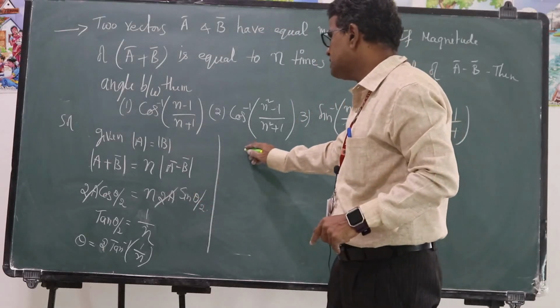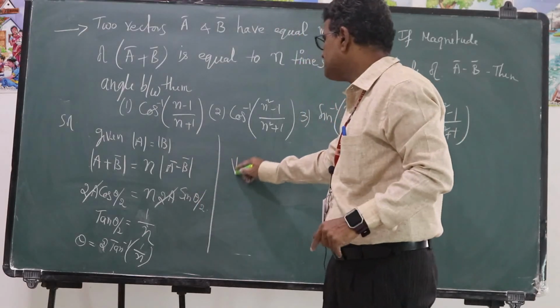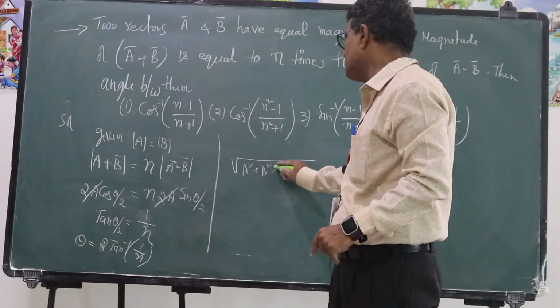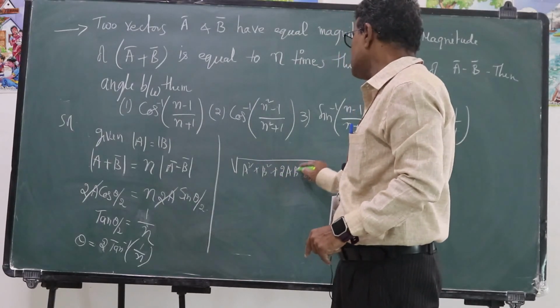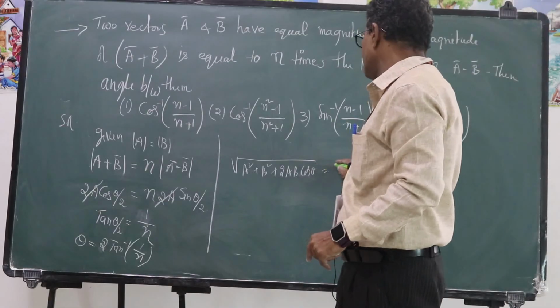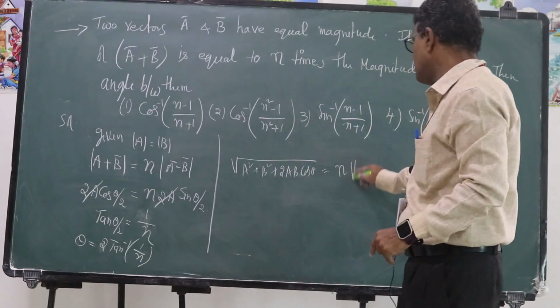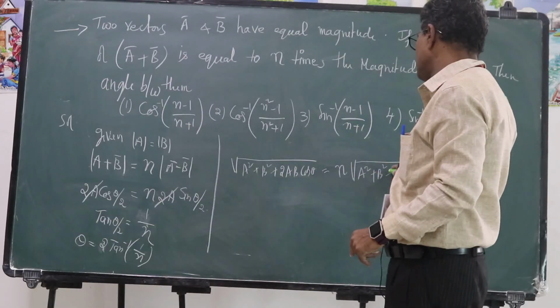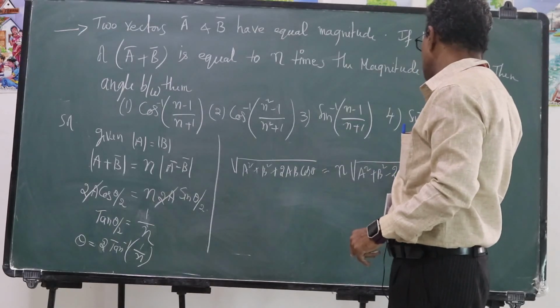The second method: mod A bar plus B bar, from the parallelogram law, is the square root of A square plus B square plus 2AB cos theta, and that is n times mod A minus B, which is the square root of A square plus B square minus 2AB cos theta.